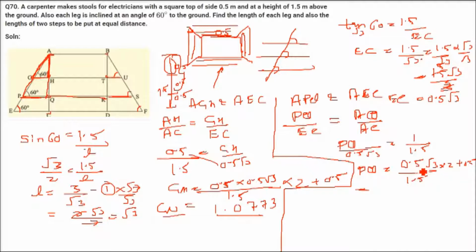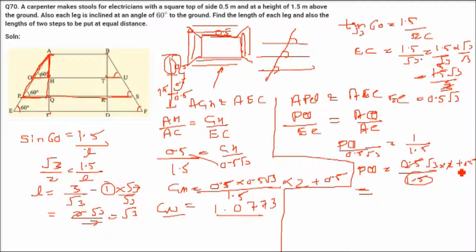Let me do it again, and I'll tell you each aspect. So 0.5 into 2 will be 1, so I'm just eliminating it. Root 3 is 1.732, divided by 1.5, and this will be equal to 1.154.